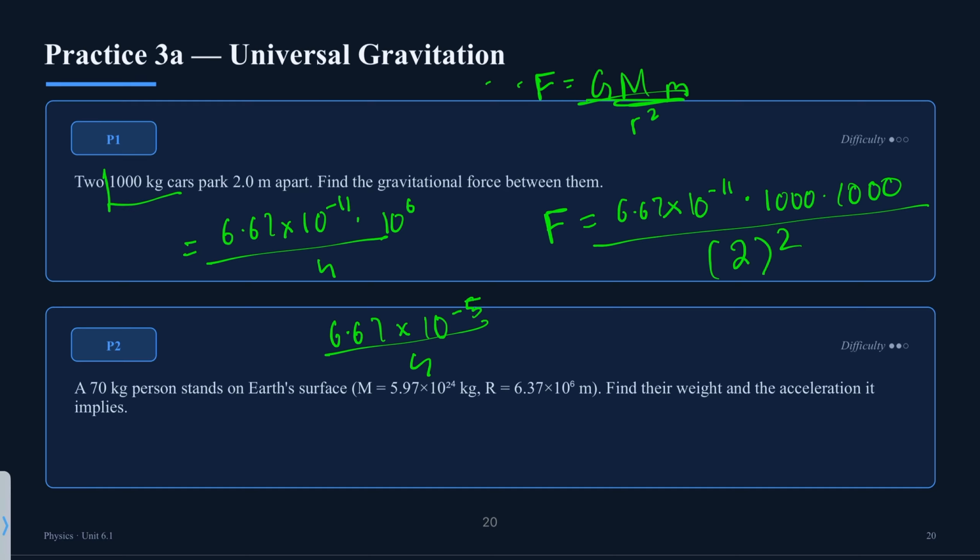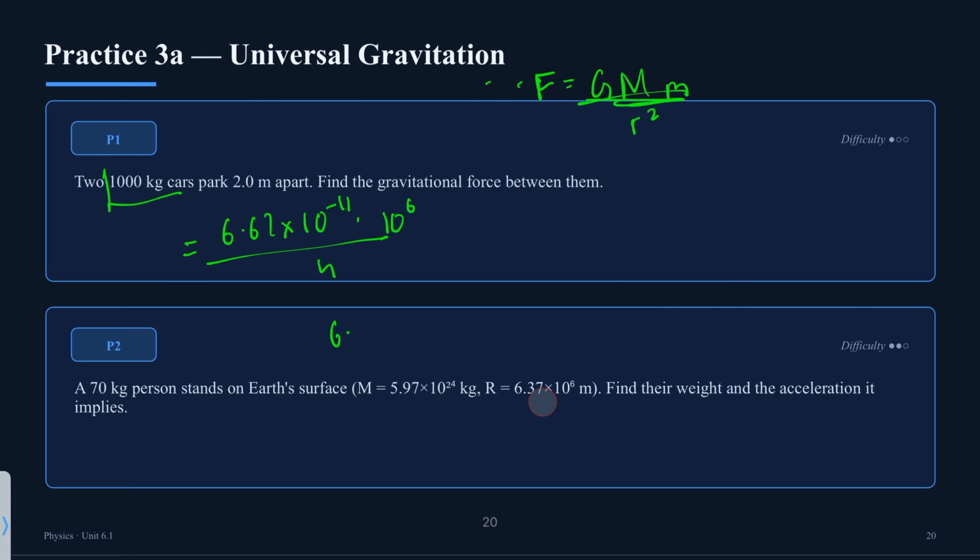Which if you plug in, should give you around, I believe, 1.67. I'm going to round to the second digit, times 10 to the negative 5. Okay? And there you go, in newtons. So pretty straightforward, not too complicated there. One of the lesser difficulty questions, okay?